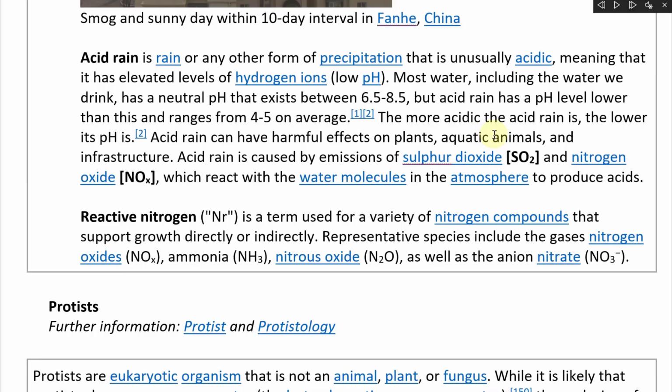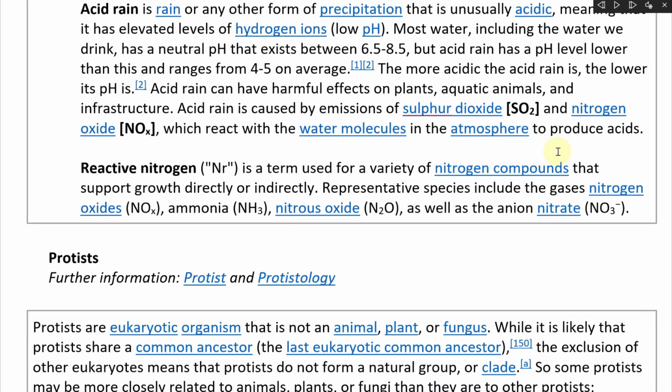But acid rain has a pH lower than this and ranges from 4 to 5 on average. The more acidic the rain is, the lower its pH is.